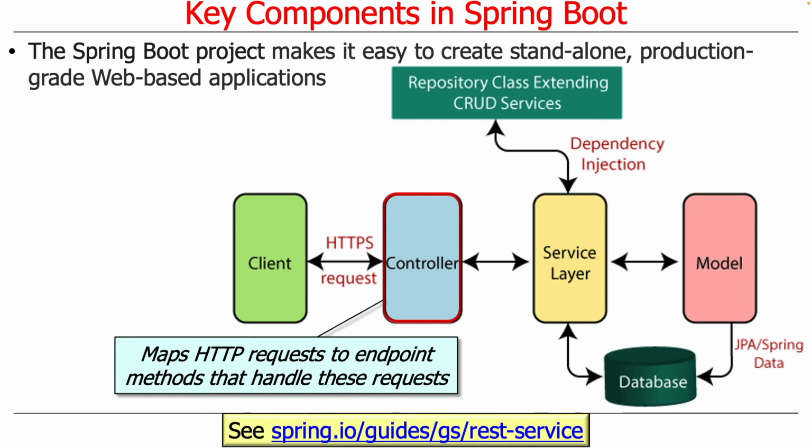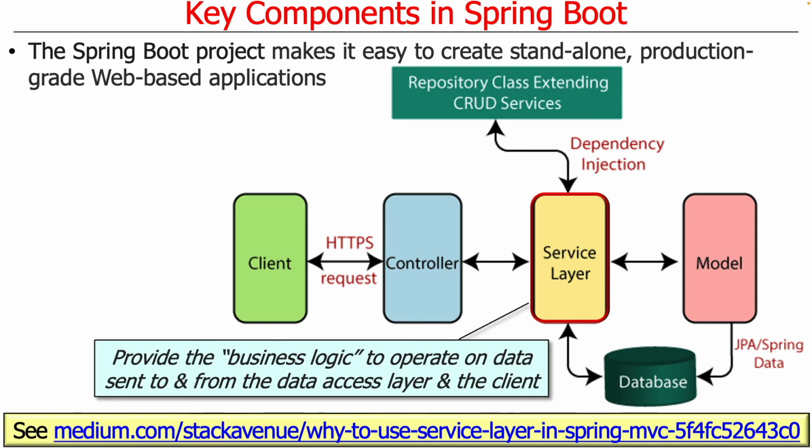So the requests come in as HTTP, and then the controller and some other parts of Spring Boot are responsible for converting those requests into method calls on objects that are the controller. And there's all kinds of cool magic that takes place to make that happen. And the controller can do various things, but most commonly, and certainly from my style, it doesn't really do a lot of business logic.